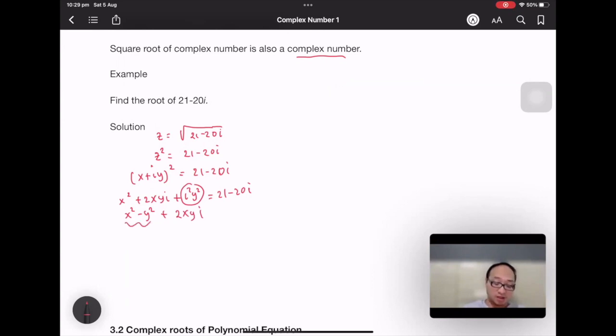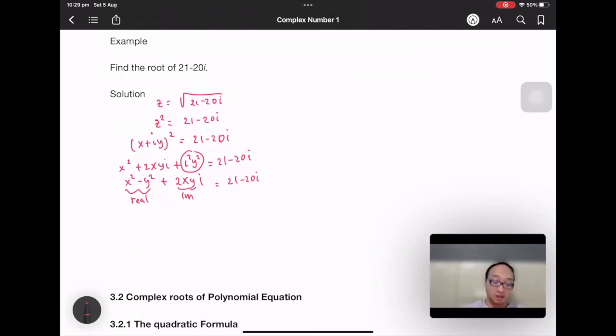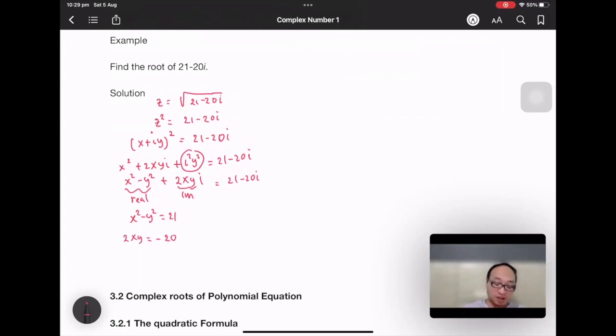So this is real, this is imaginary. And then I can construct the simultaneous equations. So x squared minus y squared equals 21, and 2xy equals negative 20. So that means I can have y equals negative 10 over x.